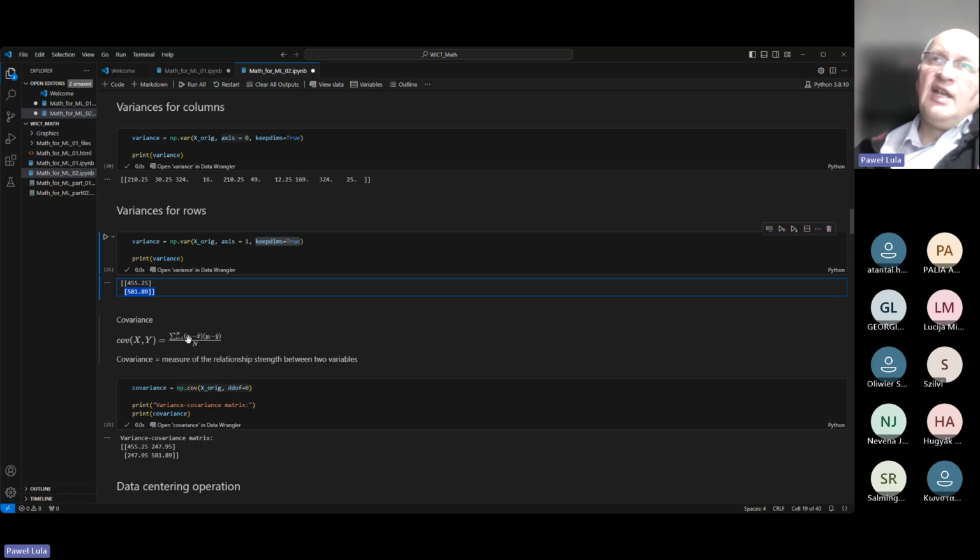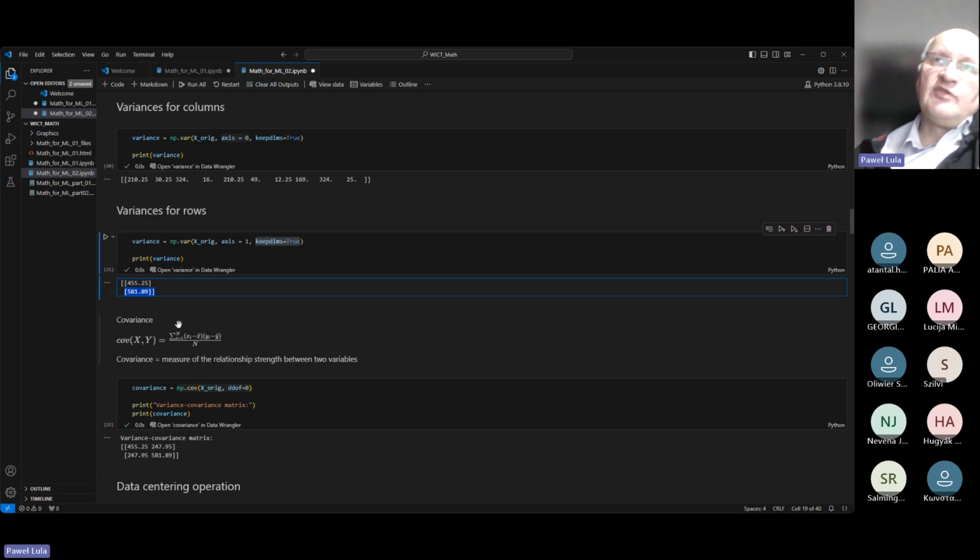Here we have the sum of products of differences between a value which we have on the i position and the mean value calculated for a given variable, here and here. So we try to add these products. These products can be positive, negative, or equal to 0.